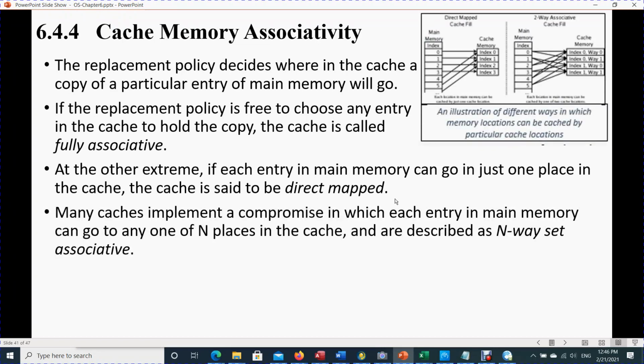Many of the caches are in between, a compromise, where each entry can go in any of several, a fixed number of places in cache. If they can be put in any of n places in cache, it's described as an n-way set associative cache.